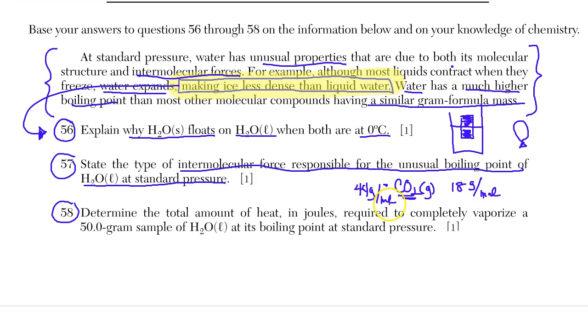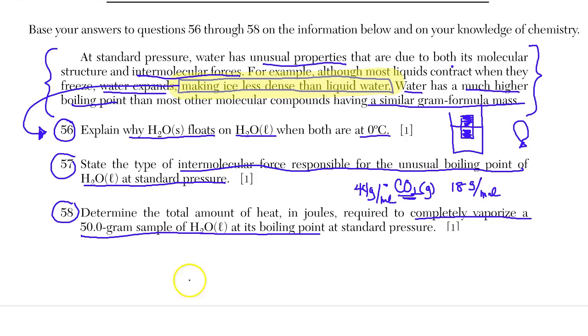Okay, so determine the total amount of heat in joules required to completely vaporize a 50-gram sample of water at its boiling point. Boy, they're screaming to you that we are at a phase change, because we're at its boiling point temperature and we're vaporizing liquid at its boiling point temperature.